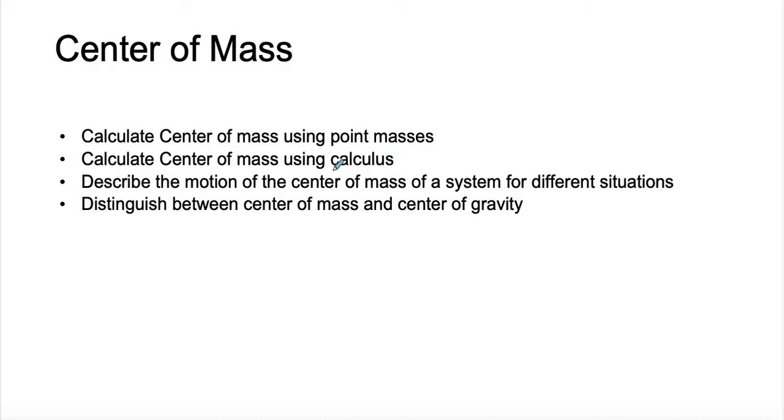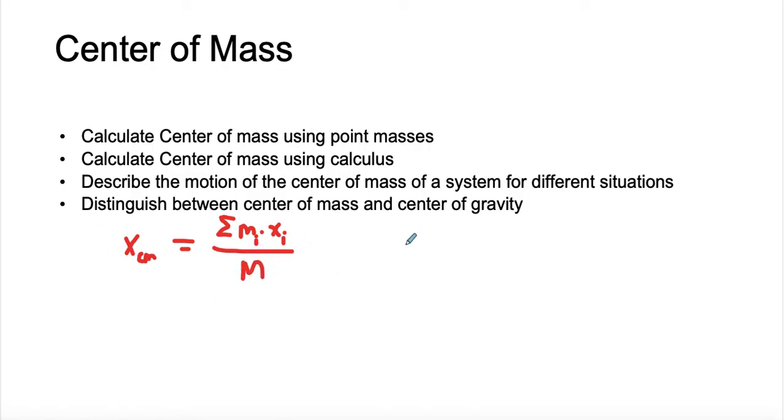For the point masses, your center of mass is the sum of all of the mass times the position of every little particle: the mass of one particle times its position plus the mass of the other particle times its position, all over the total mass of the system.